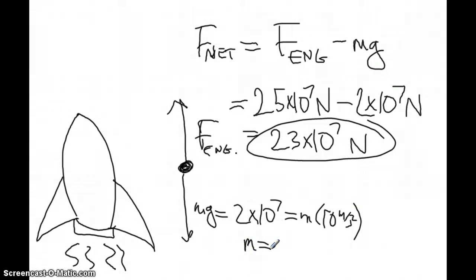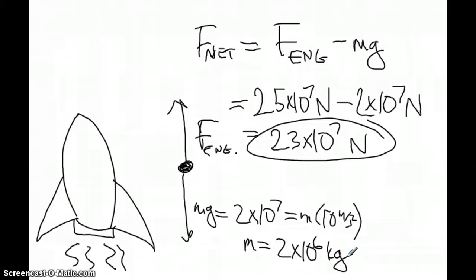What's 2 times 10 to the 7th divided by 10? 2 times 10 to the... Yeah, there we go. All right, units. Make sure you guys keep units up. They're kilograms. So there's our mass. So that was the right way of looking at it.